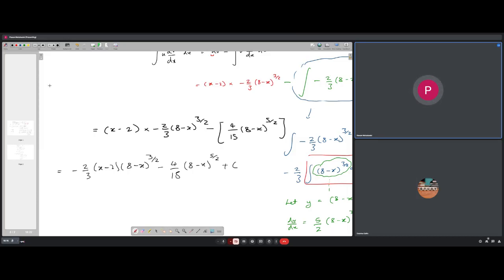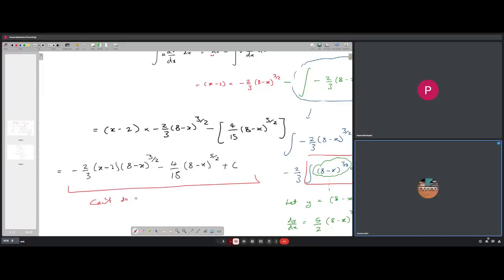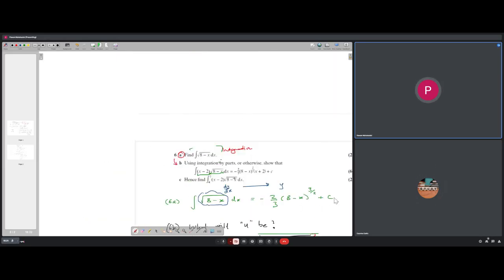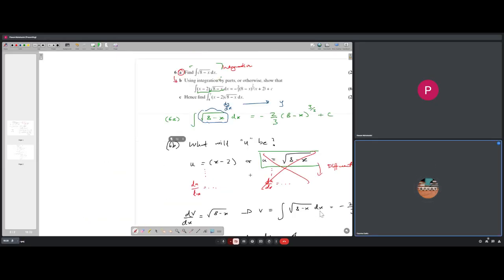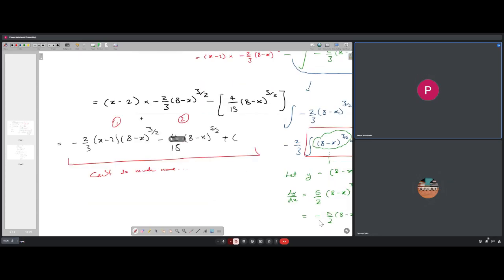Now, this is what we've gotten to. We can't do much more at this point. All right? We know that we've got two terms, but then if you look at what they want, it's only one singular term, right?